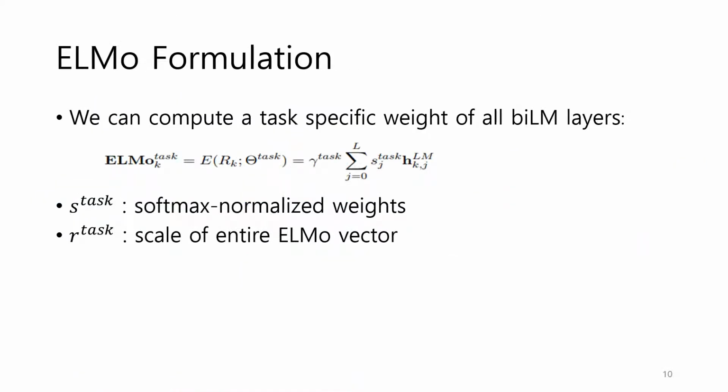Now we can compute a task-specific weighting of all bidirectional language model layers. Here, S task means softmax-normalized weights, and R task allows the task model to scale the entire ELMo vector. It's important to aid the optimization process, since the activations of each bidirectional language model layer have a different distribution.